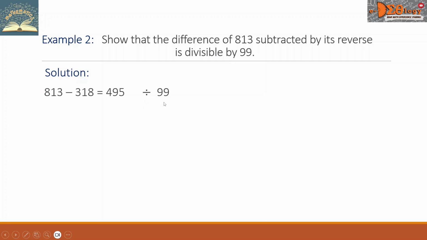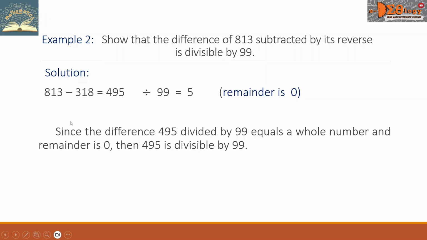When we divide this by 99, the answer is 5, with remainder 0. Now we say that since the difference 495 divided by 99 equals a whole number and the remainder is 0, then 495 is divisible by 99.